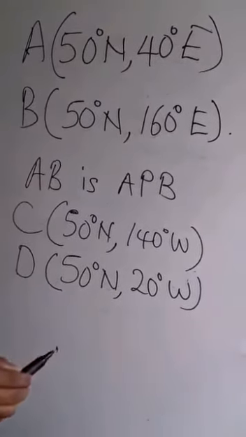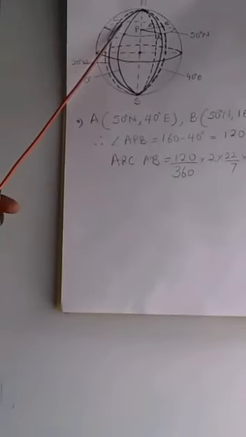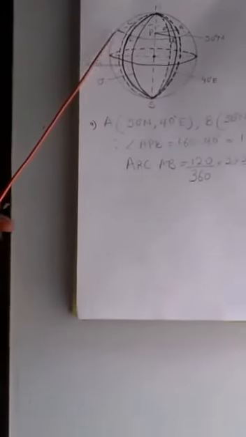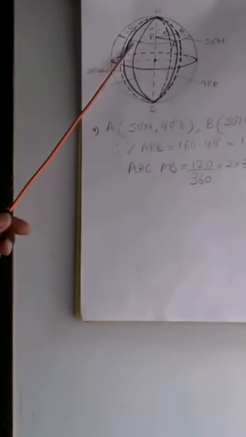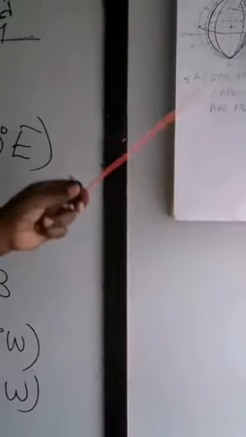So the angle subtended by arc length DC is the angle from 20 degrees west to 140 degrees west, which difference is 140 minus 20, giving us 120. So the arc length again becomes 120 over 360 times 2 times 22 over 7 times 6370 cos 50.